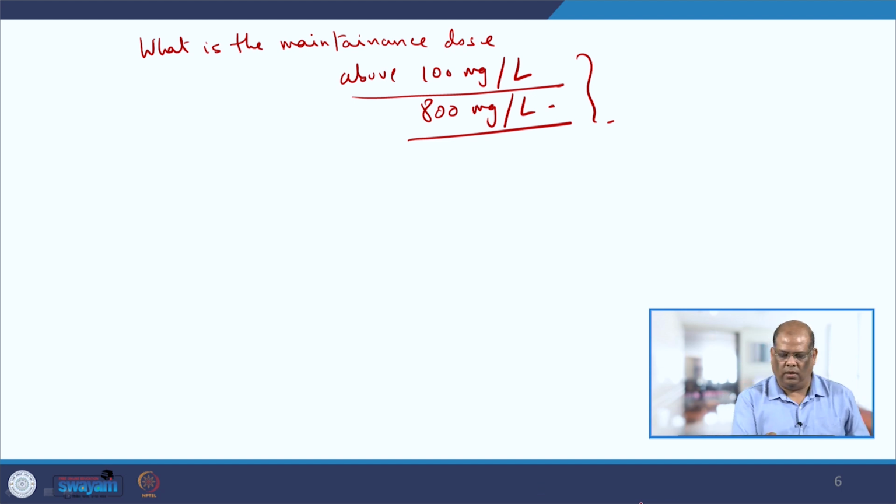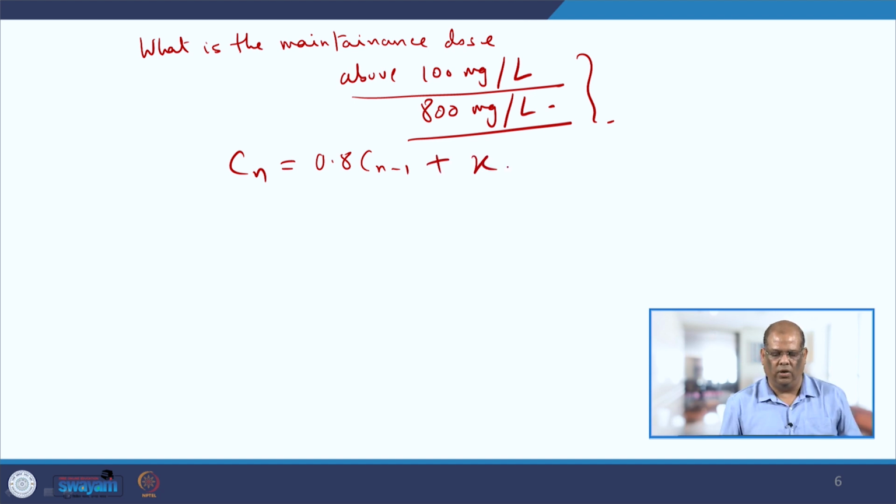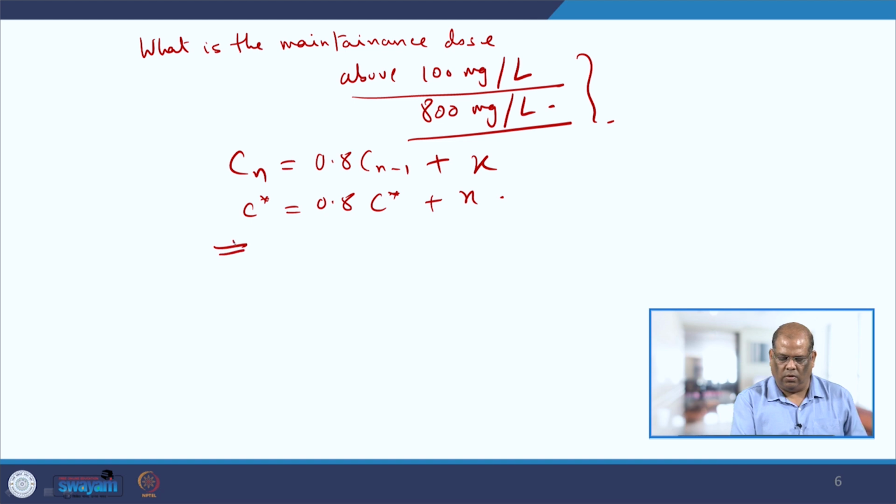So, for that you go back to the model, which is Cn equal to 0.8 Cn minus 1 plus x. Suppose x is the dose. If we want to find the equilibrium solution, we will replace this by C star equal to 0.8 C star plus x. So, x is 0.2 C star, which implies C star equals 5x.